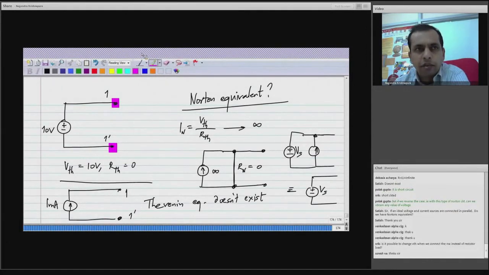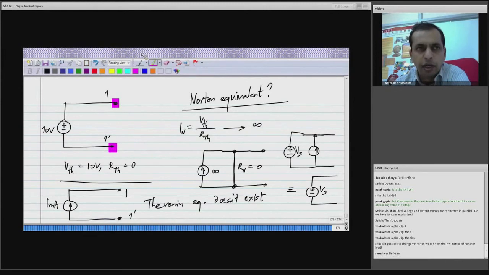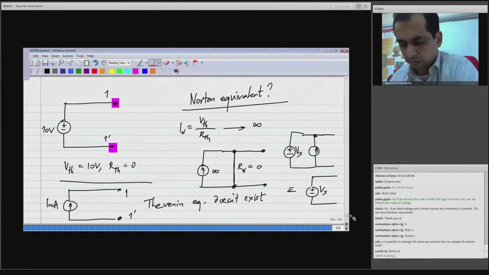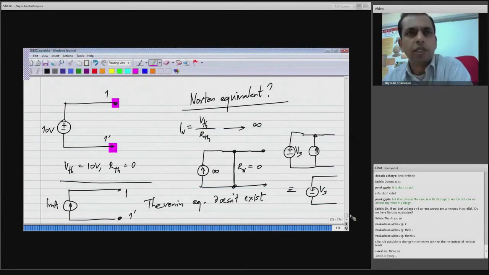You have a very complicated circuit with lots of components. Instead of using all of that in every circuit analysis, if you are interested in the behavior only at two terminals, you can use either the Thevenin or Norton equivalent circuit. Any other questions?